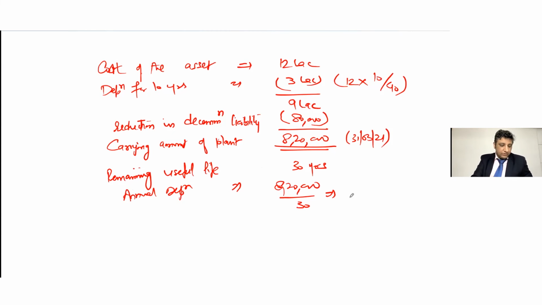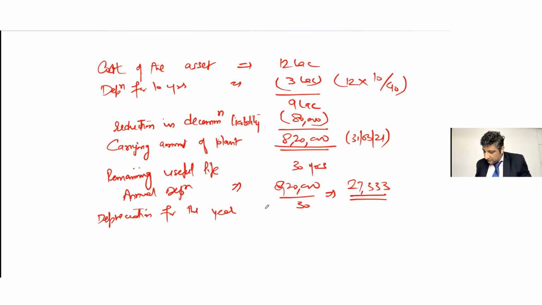So that would be 820 divided by 30. That gives 27333. So this is the depreciation for the year ended 31st of March 2022, which is 27333.